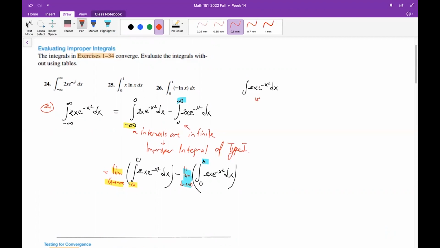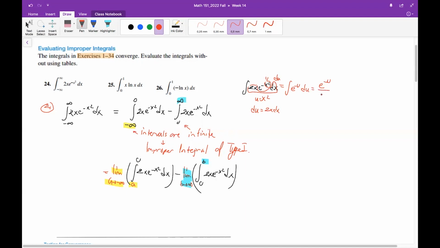Let's choose u as x squared, and then du becomes 2x dx. Then this integral can be rewritten: 2x dx is exactly du, and we choose this part as u. That's why it is e to the power minus u du. And this integral is evaluated as e to the power minus u divided by minus 1. This is how you should evaluate it.